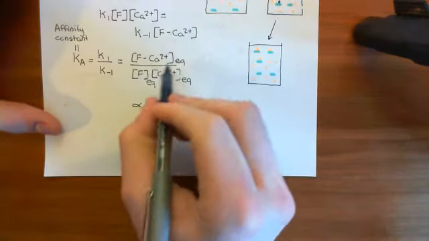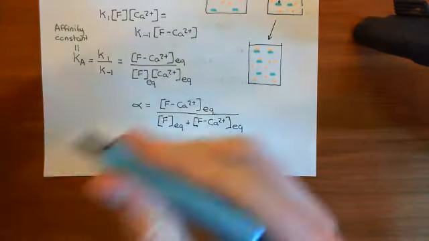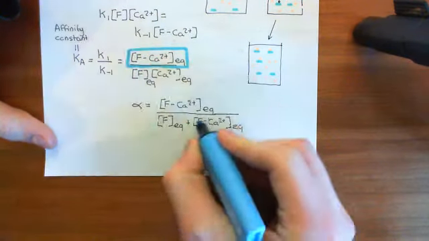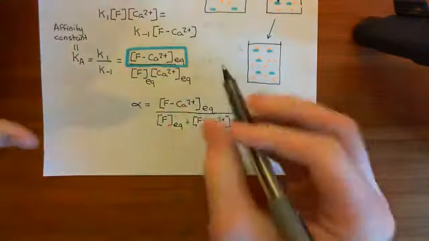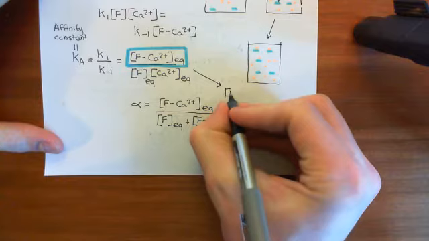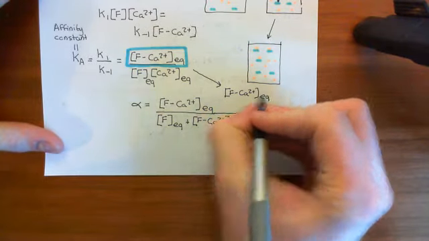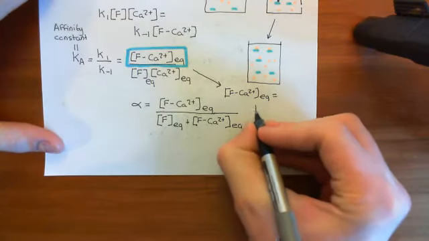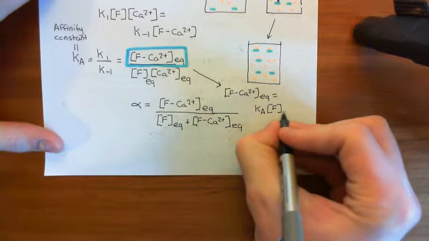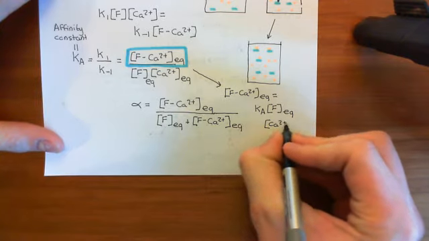Okay, and now we use this equation to replace the Fluo-4 calcium complex concentration at equilibrium. We can rearrange this equation to give us that the Fluo-4 calcium concentration at equilibrium is equal to the affinity constant, Ka, times the concentration of free Fluo-4 at equilibrium, times the concentration of calcium at equilibrium.